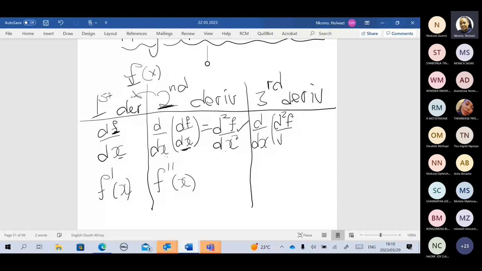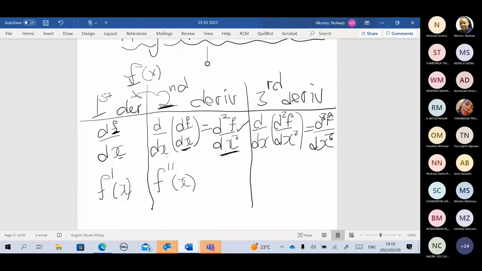Remember, this is the second derivative, so we're differentiating the second derivative. And this is the same as d cubed f over dx cubed, meaning we are differentiating f 3 times. And you can write this as f triple prime of x.